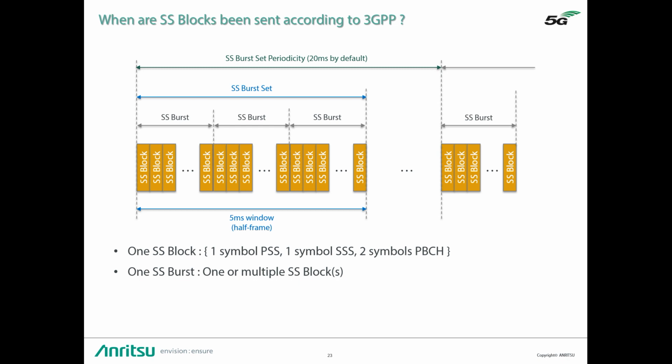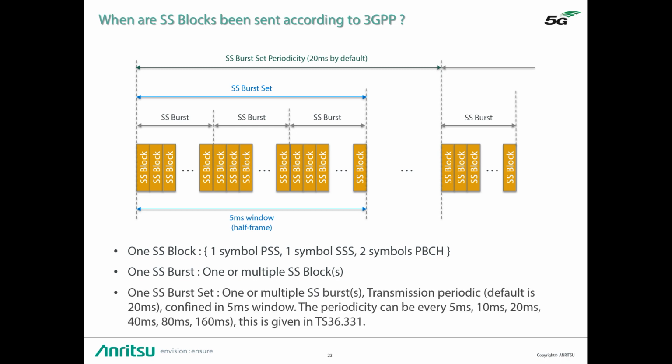This burst contains one or more signal blocks, so there may be just one SSB or 4 or 8 in FR1, and they occupy a maximum period of 5 milliseconds. The maximum repeat rate at which SSB could be sent is every 5 milliseconds.